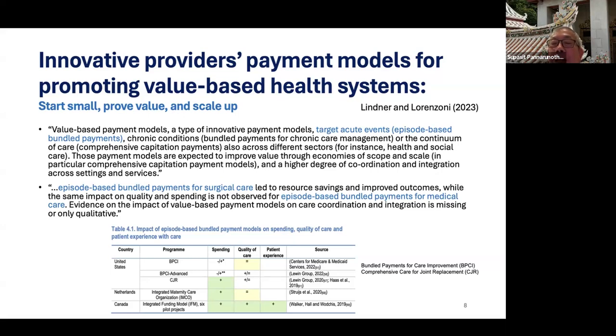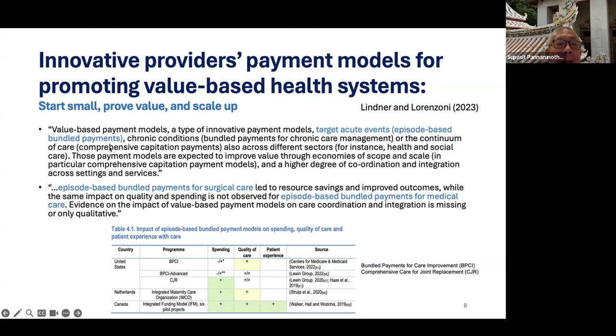So the term episode bundle payment is more complex, combining services for a certain time and a certain setting.